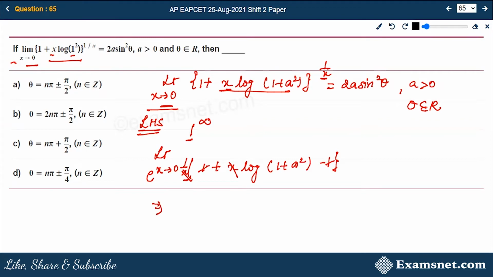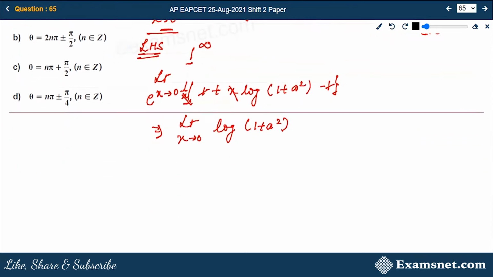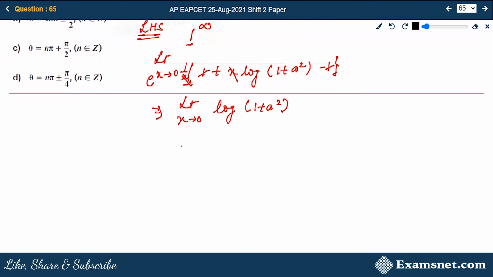So this will become limit x approaches 0 log 1 plus a square, which will be 1 plus a square is equal to 2a sine square theta.